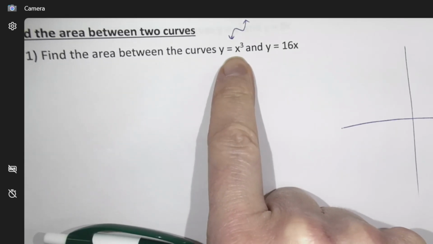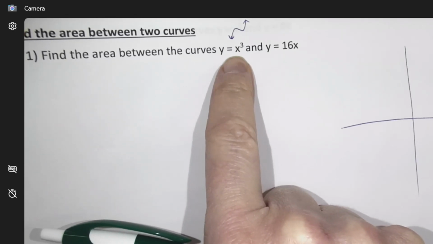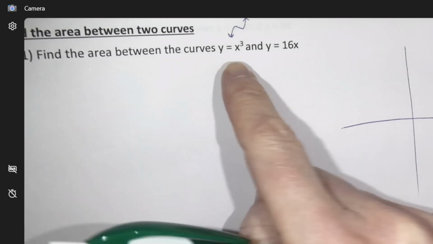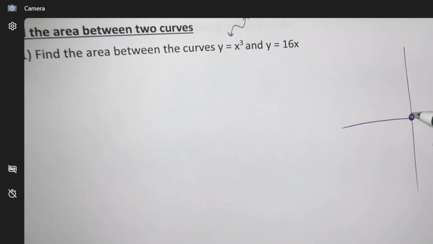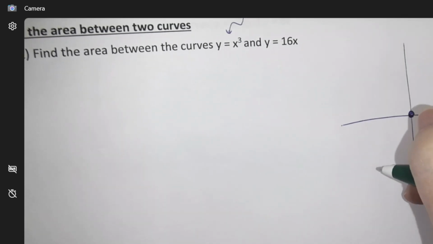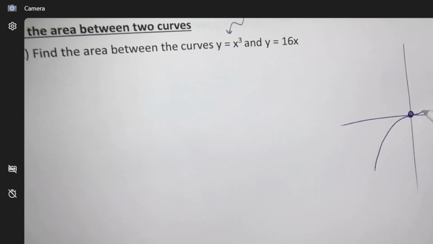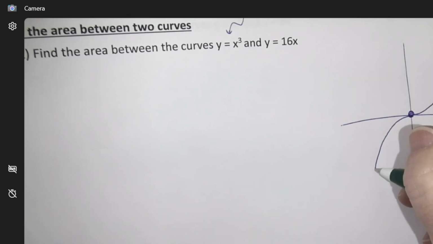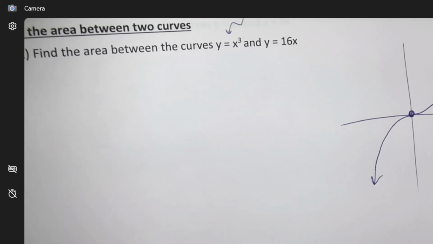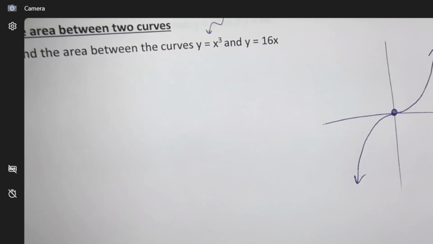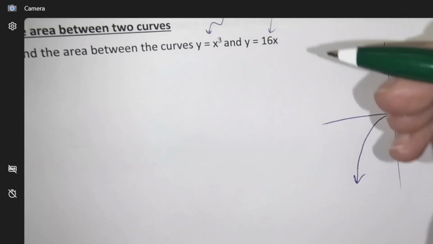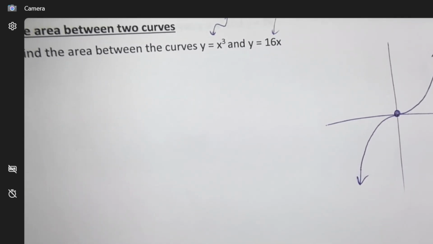And what's the x-intercept of this one? 0. Oh, but it's tripled. So what happens to a triple root? What flattens? So it's going to be a cubic that flattens. And what shape is 16x? What shape does that make on a graph? A line?